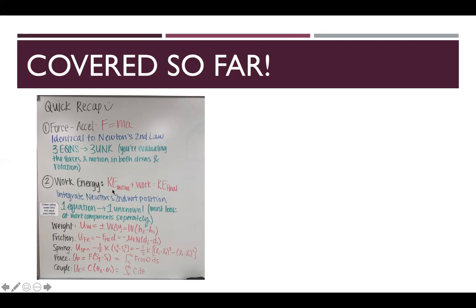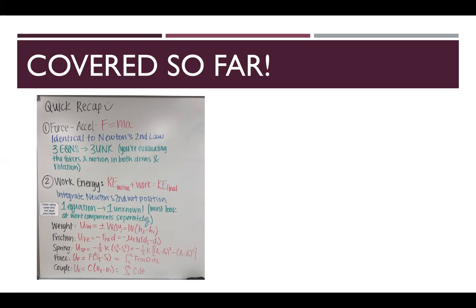Because you have this one equation, you can only solve for one unknown, either the final kinetic energy or one of the velocities. So you can only have one unknown in this situation, and that is the core part of work energy.